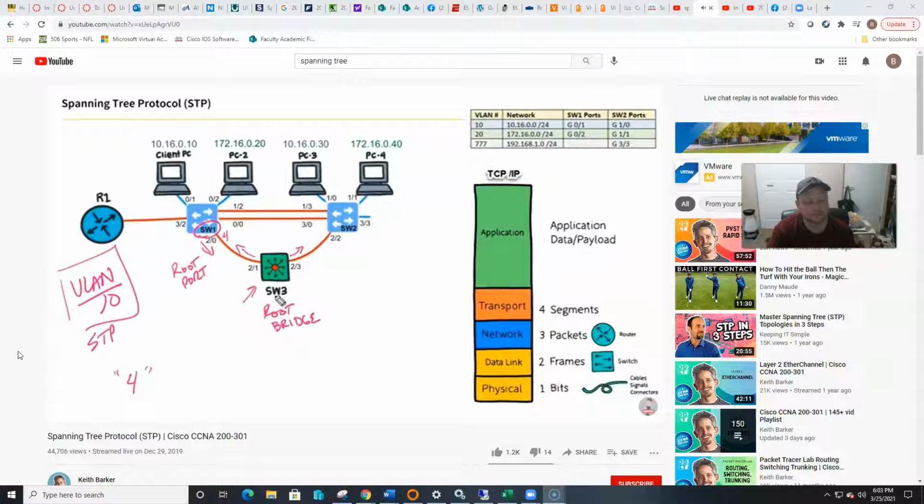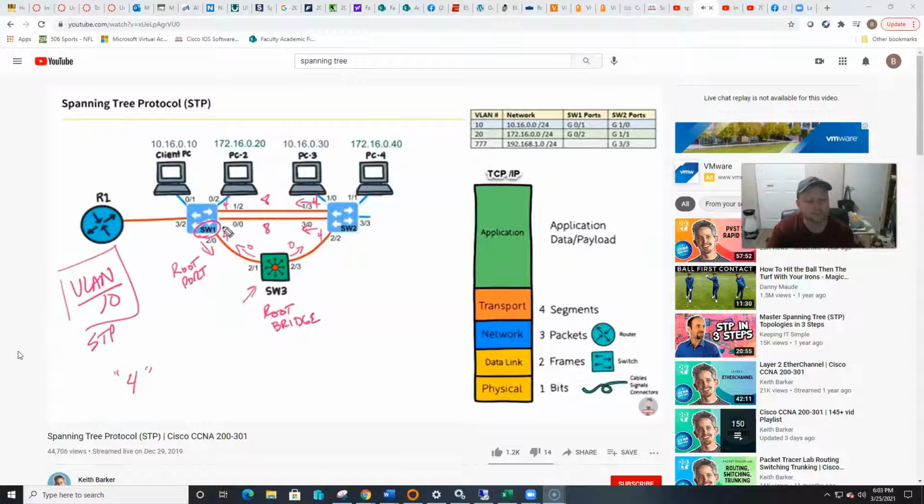So switch 3 is the root, advertising at a cost of 0. Switch 2 receives that, cost of 4. Now when switch 2 is advertising BPDUs down this way, it's also saying that the total cost from switch 2's perspective is a cost of 4, and switch 1 has a cost on this local interface of 4. So effectively, it'd be a cost of 8 on either of these links.